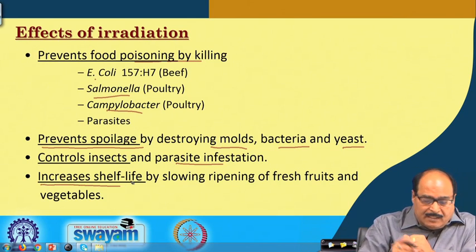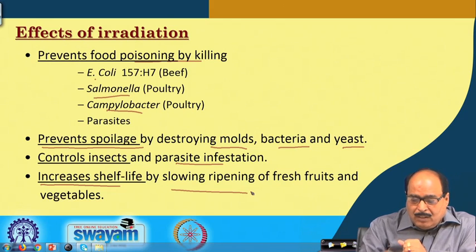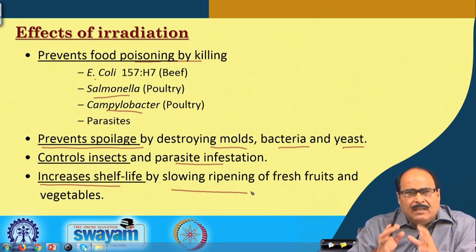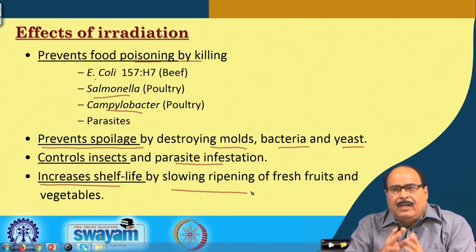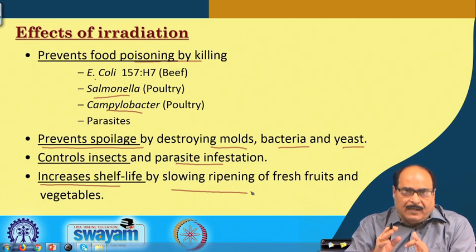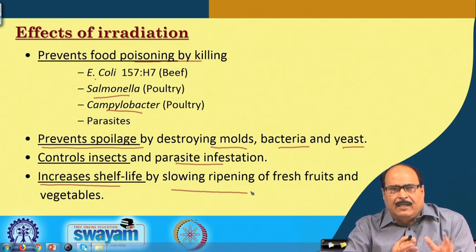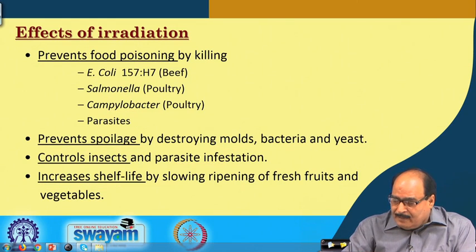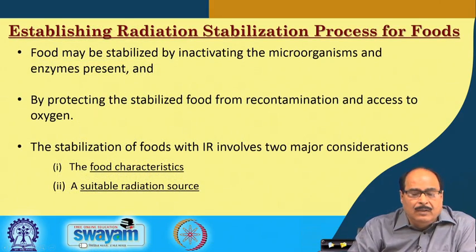It increases shelf life by slowing down the ripening of fresh fruits and vegetables. It has several beneficial effects. Of course, we will take up this issue again in the second part of the lecture in a little more detail, that is, the application of irradiation on food.